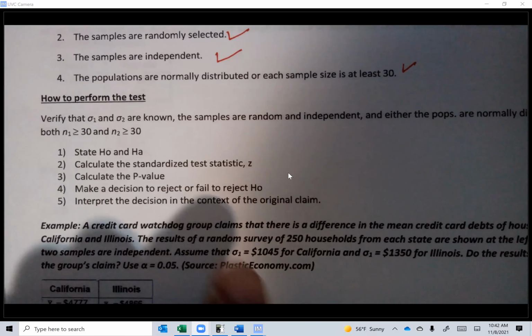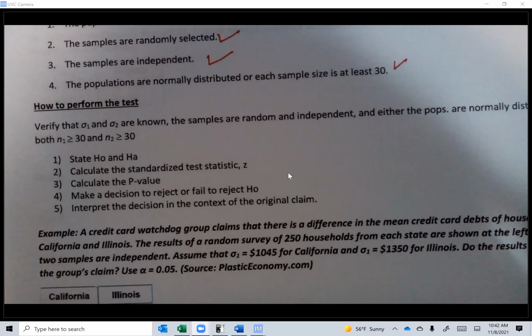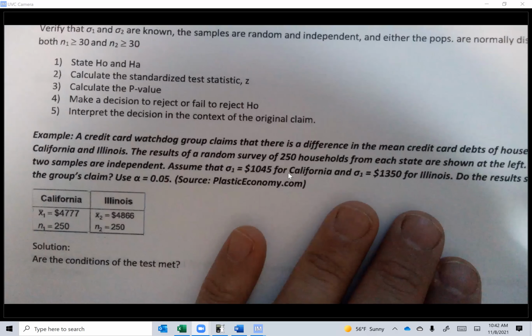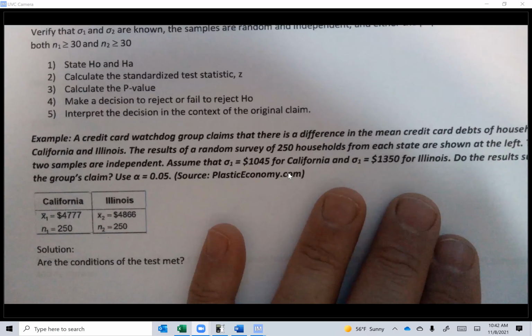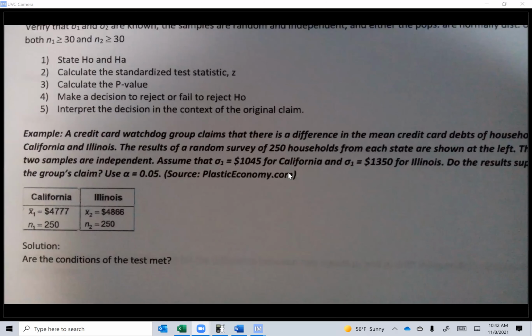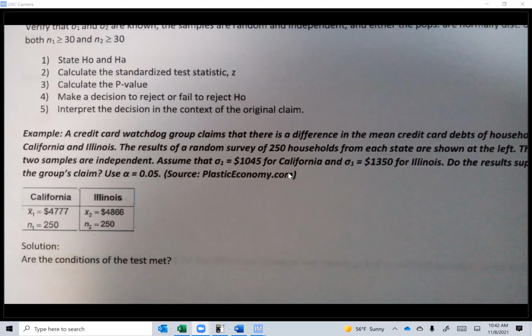You ready for the first one? Let's do that. We'll do that together. I'm going to go step by step. All right. A credit card watchdog group claims there is a difference in the mean credit card debts of households in California and Illinois.